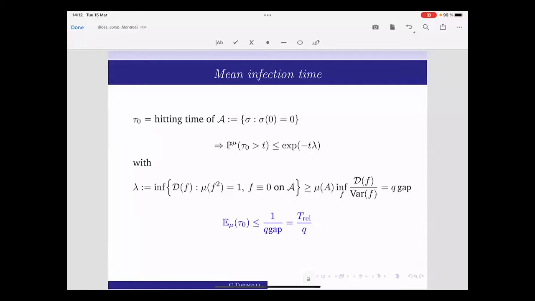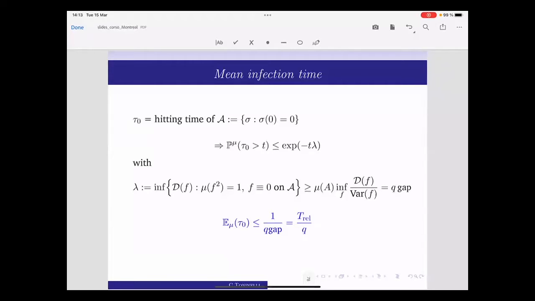And it turns out that this hitting time is upper bounded again by the relaxation time, but with a correction, which is dividing these times by the density of empty sites. Why?